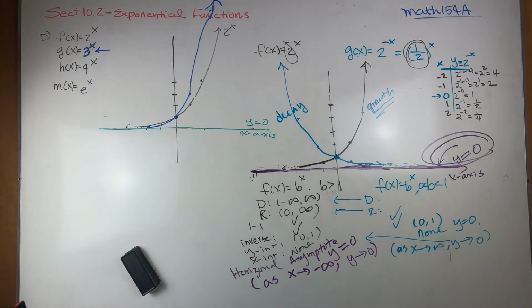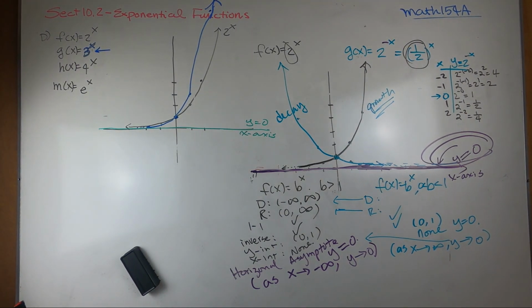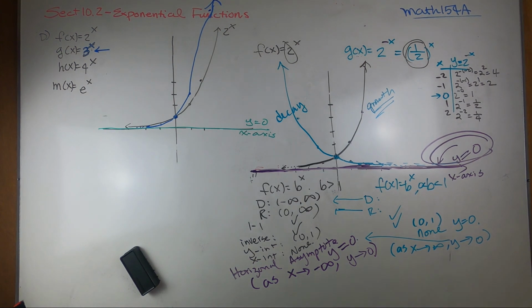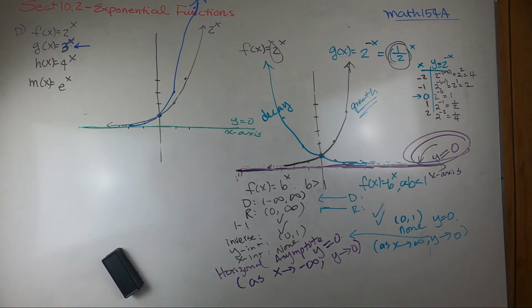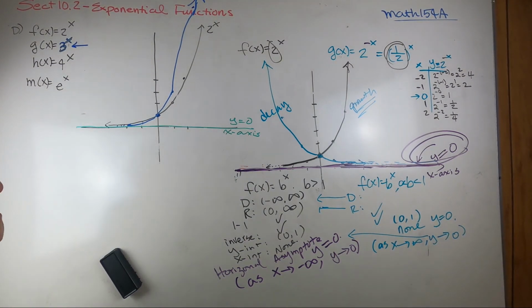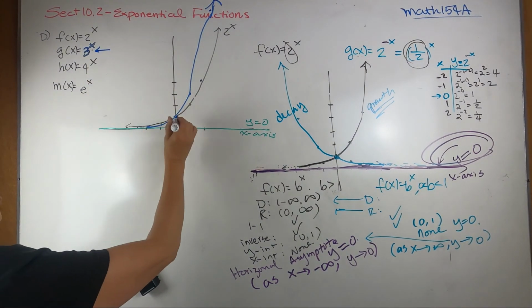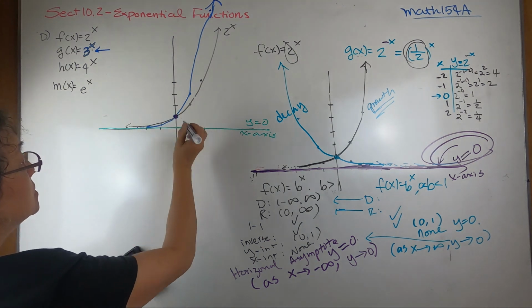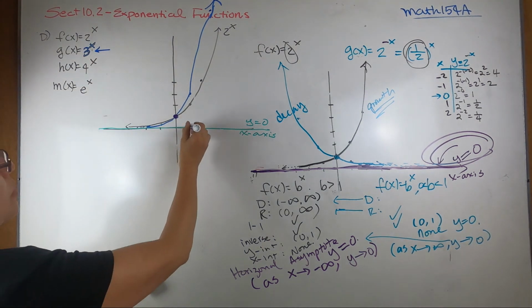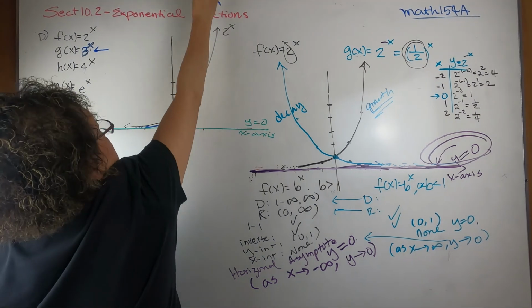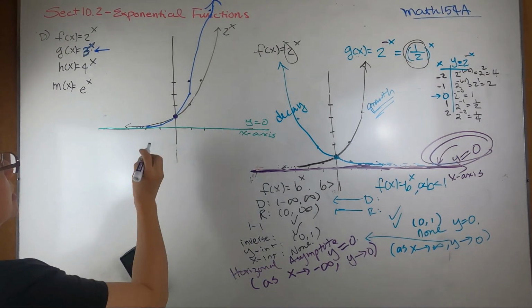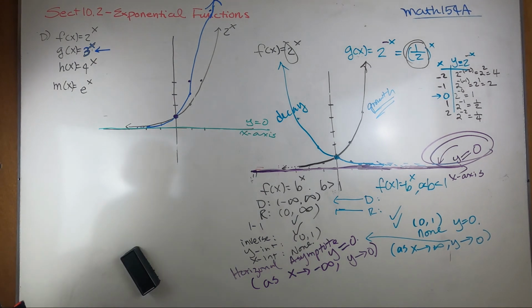Okay, then let's take a look at 4 to the x power. You do your t-table, still the same. So 4 to the 0 power is 1. 4 to the 1 power is what? 4. 4 to the 2 power is what? 16, right? Then 4 to the -1 power is 1/4.